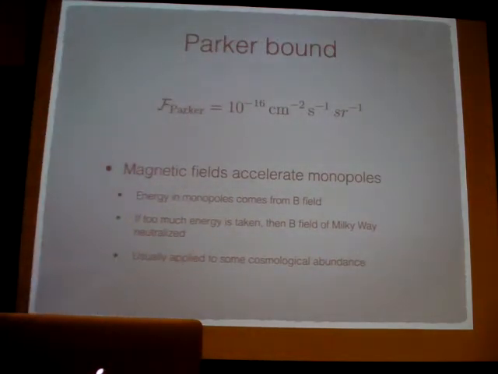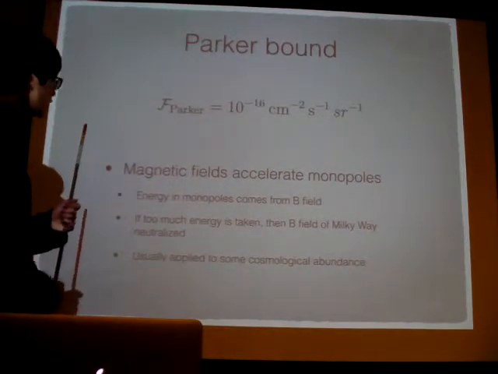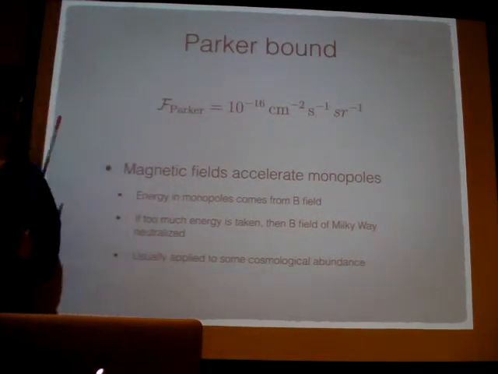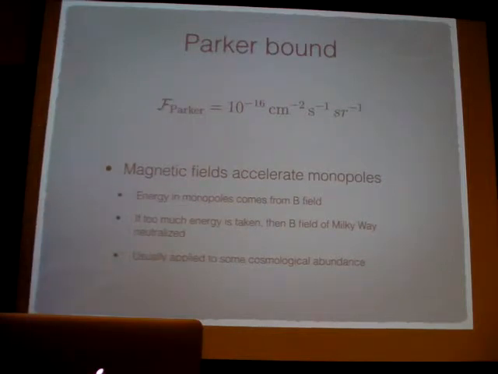The idea of the Parker bound is as follows. If you put a magnetically charged object in a B field, it accelerates. Conservation of energy says that the energy for that acceleration came from the magnetic field, from the B squared energy density. So if you just have monopoles in our universe, they'll be accelerated by galactic magnetic fields, and they'll suck out all the energy density in our galactic magnetic fields.